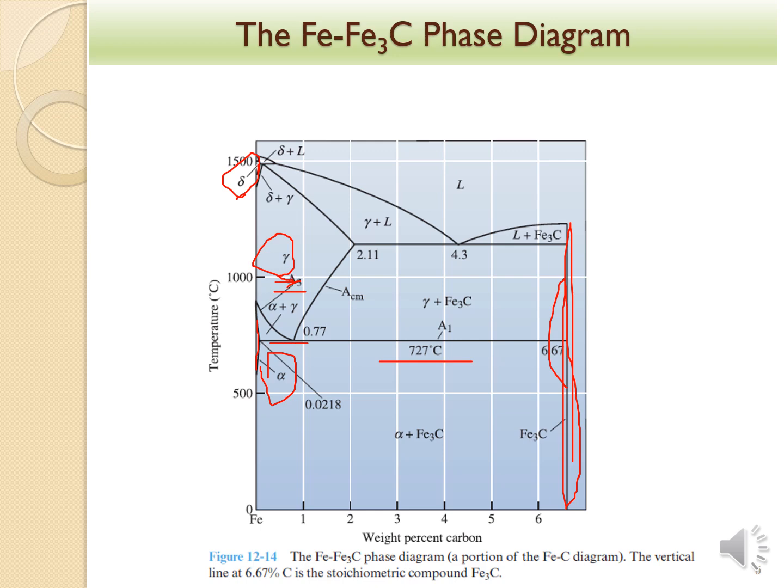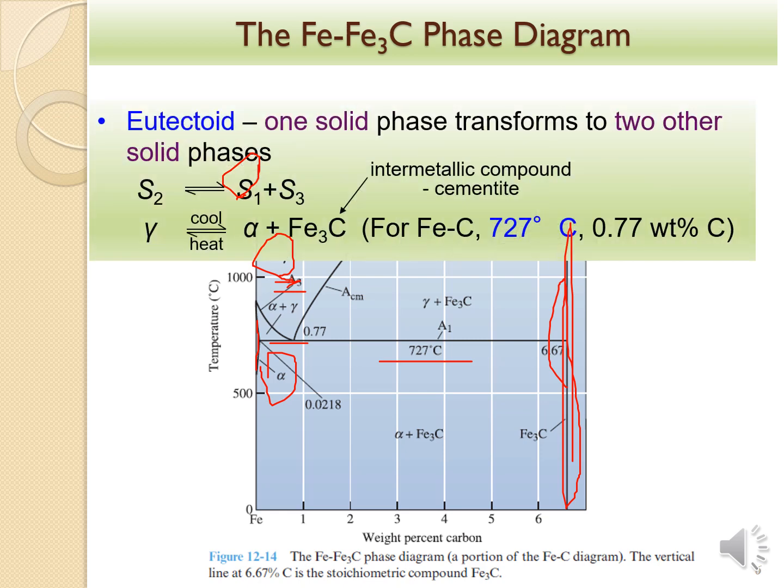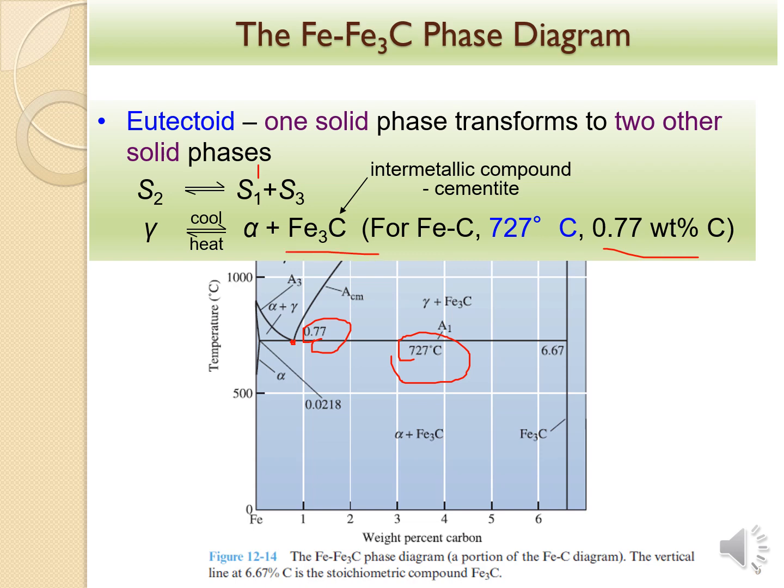We have a gamma phase forming two solid phases, the alpha plus the iron carbide. The eutectoid reaction happens at 727 degrees Celsius, and the eutectoid composition is 0.77 weight percent of carbon. This interatomic compound, the iron carbide, is also called cementite in some references.